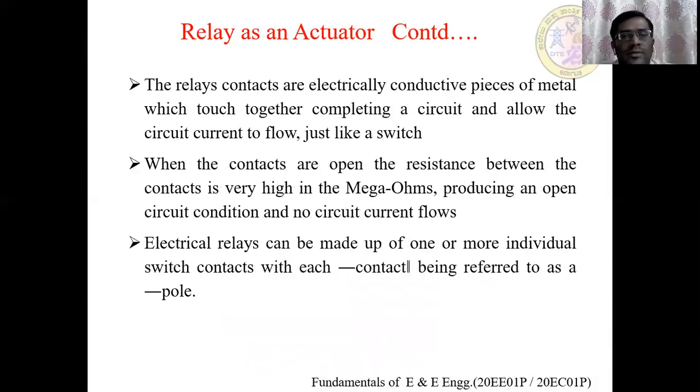The relay contacts are electrically conductive pieces of metal which touch together, completing a circuit and allowing the circuit current to flow, just like a switch. Relays act as a switch. When the contacts are open, the resistance between the contacts is very high, in mega ohms, producing an open circuit condition and no current flows.